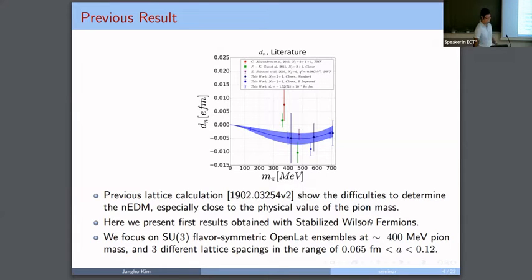So here we redo this calculation exactly on stabilized Wilson fermions, but we are still preparing the configurations.